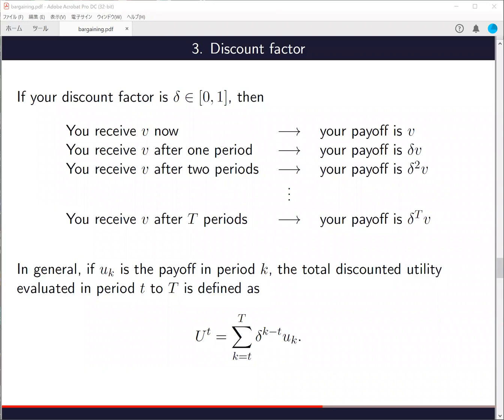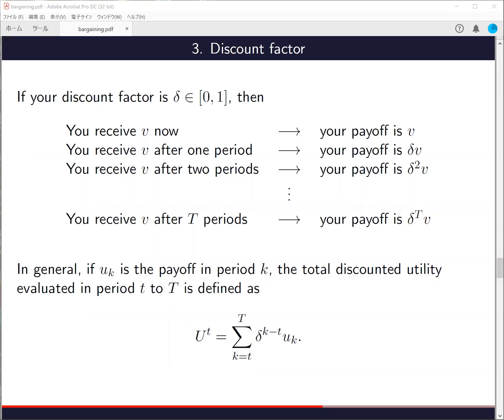What is the implication of the discount factor in terms of players' payoffs in dynamic games? It implies that the payoff received in 1 period from now is discounted by delta, and the payoff received in 2 periods from now is discounted by delta squared and so on.